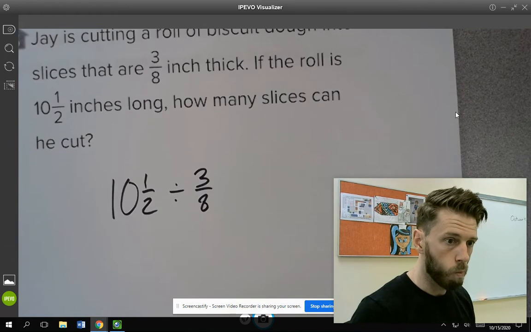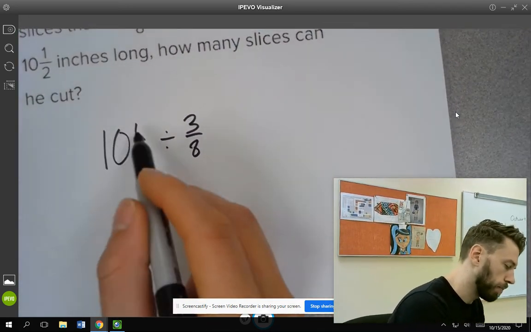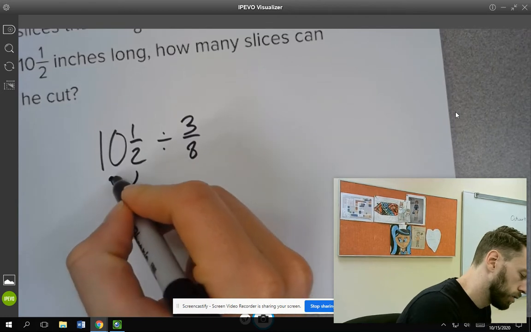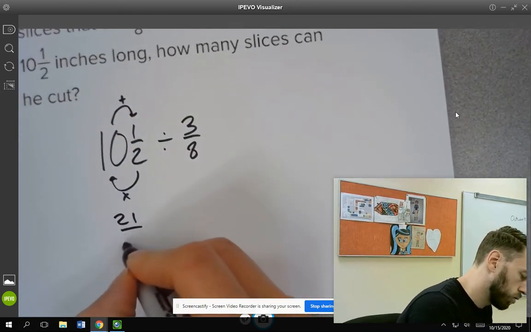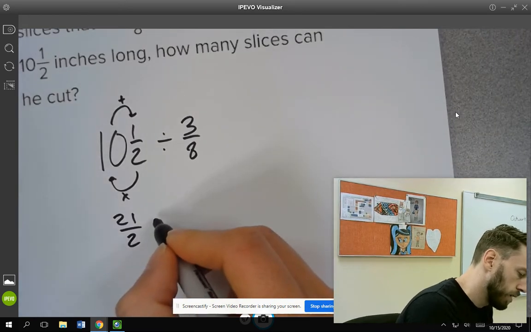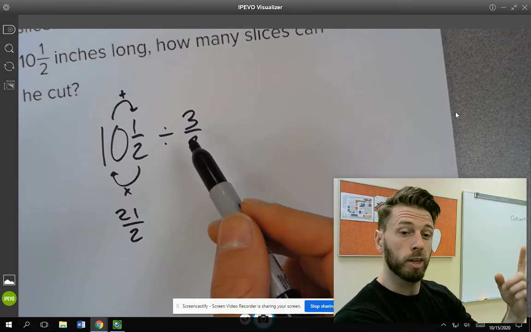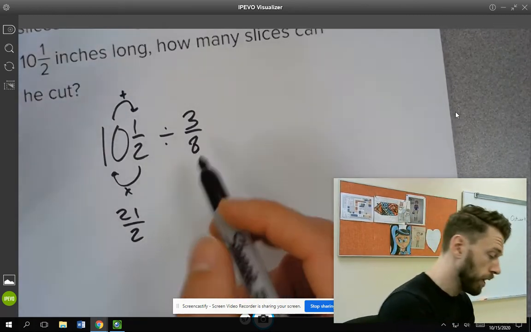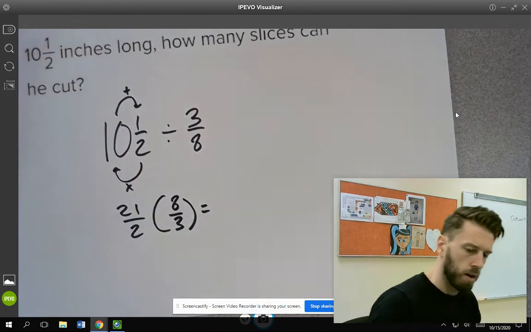Okay, now going into this, got to turn this to an improper fraction. 2 times 10 is 20, plus 1 is 21 halves. And then this is going to be divided by 3/8, but I know that dividing fractions is multiplying by the reciprocal, so I'm just going to flip it and multiply.